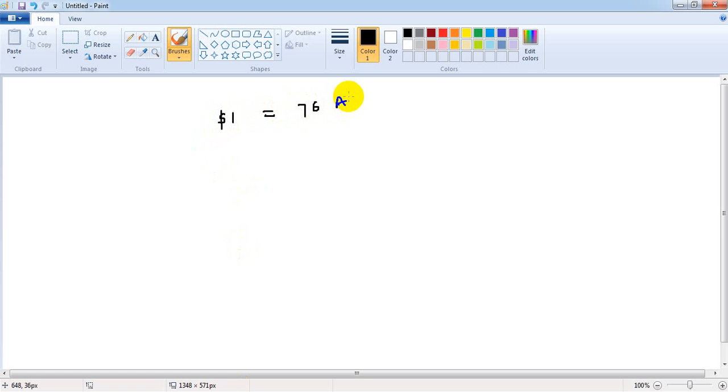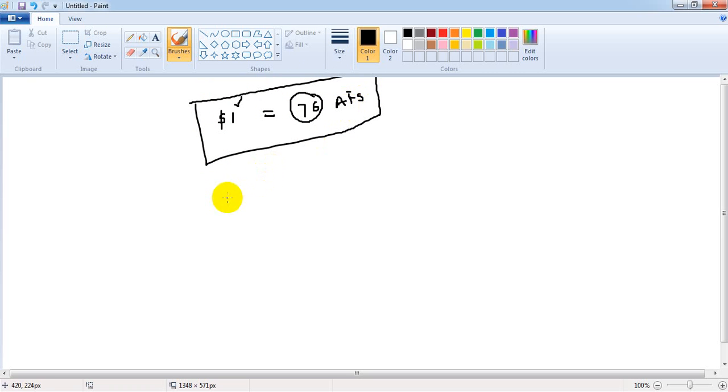Suppose $1 today is equal to 76 Afghanis. So 1 unit of foreign currency, the dollar, is equal to how many units of local currency, Afghanis? You can also write it like this: 1 divided by 76.